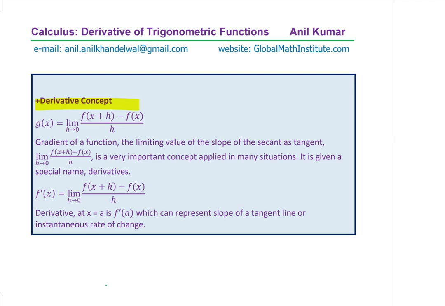That is what a gradient is called. Can be represented as limit of h approaches 0 of f of x plus h minus f of x over h. Right? This is a very important concept and is applied in many situations and is given a special name, derivative.